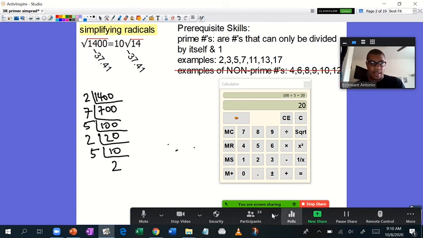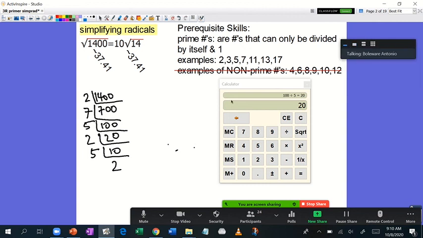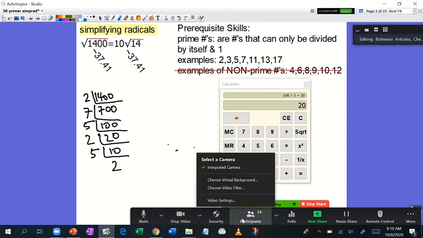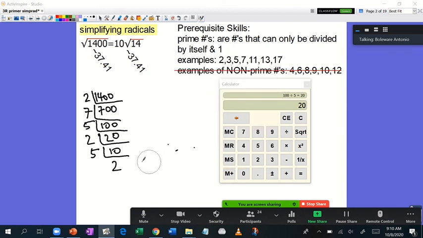So that's that right there. Now we're left with 2. This is prime.